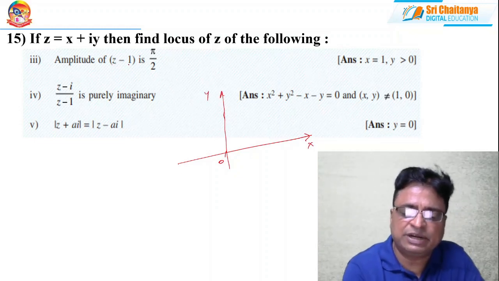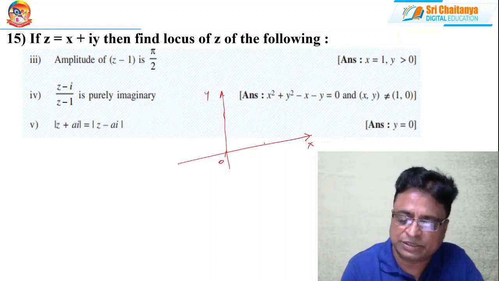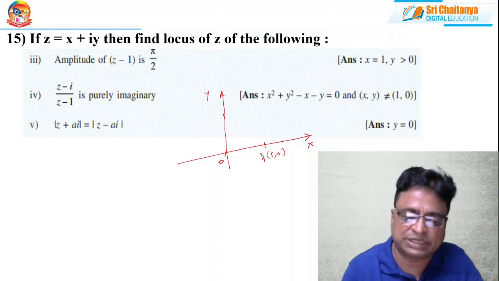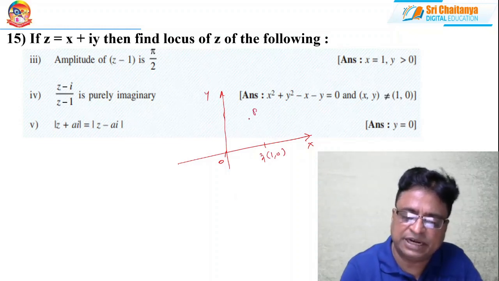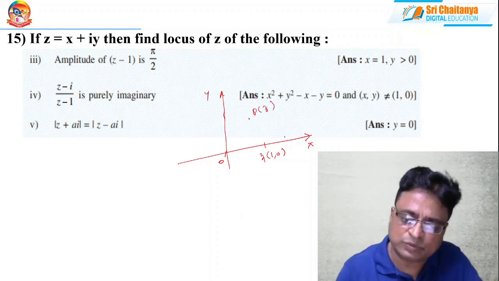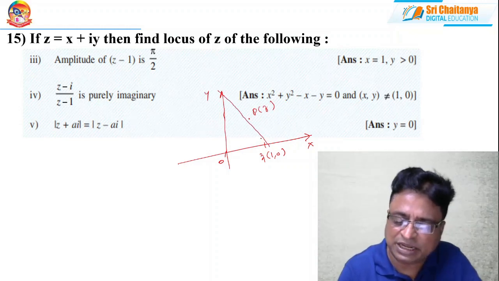This is z1, 1 comma 0, that is 1 plus i0. And suppose this is my P of z. Argument of z minus 1, that is this one. That means the line making an angle of pi by 2.